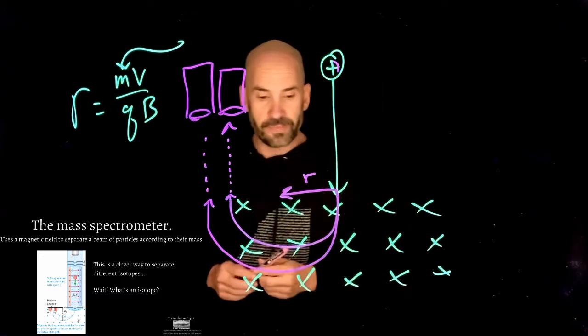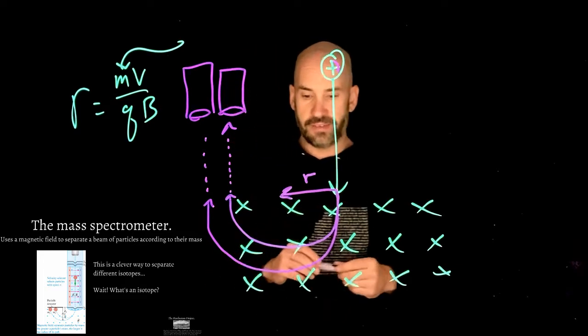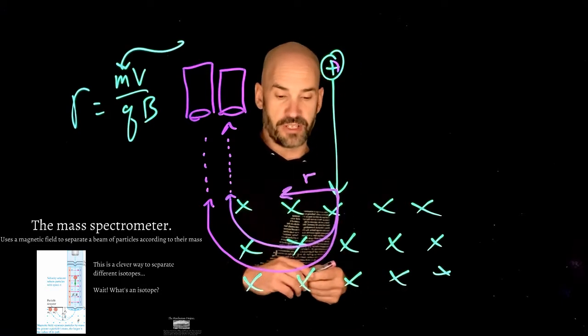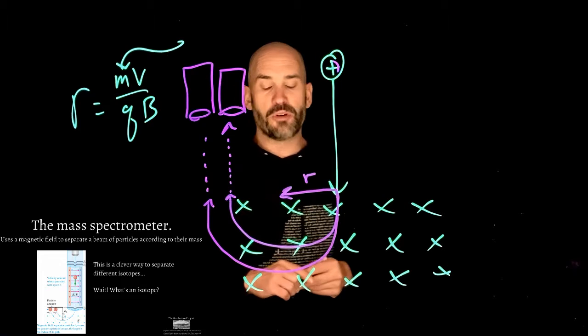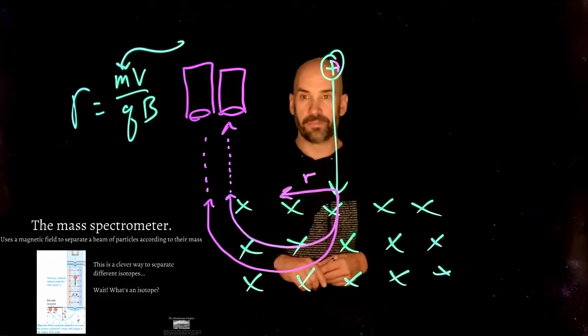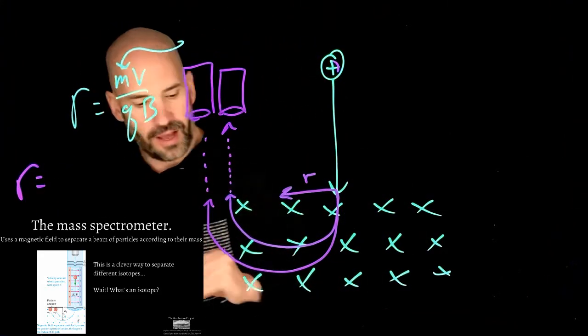So here's the question. If a mass spectrometer fired uranium atoms, which are +1 ions, at a speed of 400,000 meters per second through a 500 millitesla magnetic field, how far would you have to put a lead vessel to capture that 235 isotope? Okay, all right. So not too tricky here.